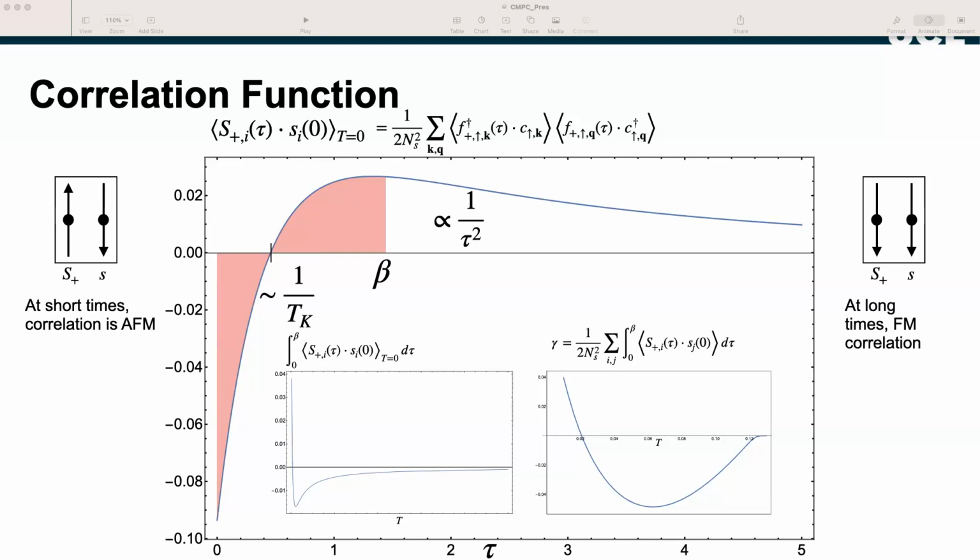So you've got spin one with one channel, right? The spin one gets screened down to spin a half, but you have a residual spin a half that then has a residual ferromagnetic coupling to the conduction electrons. So it doesn't screen anymore, but that ferromagnetic coupling gradually tapers off to zero at low temperatures. That's the property.